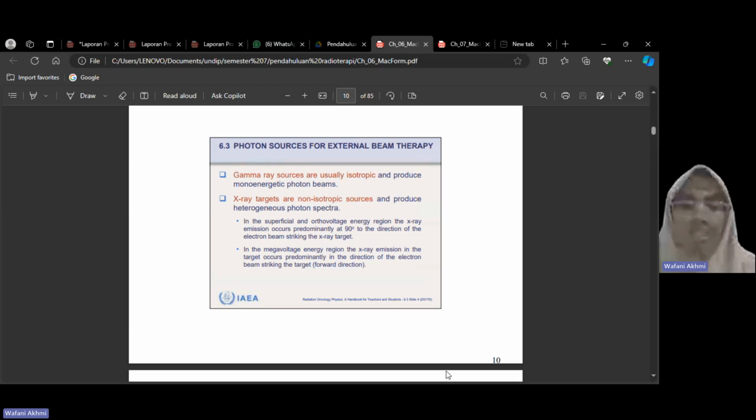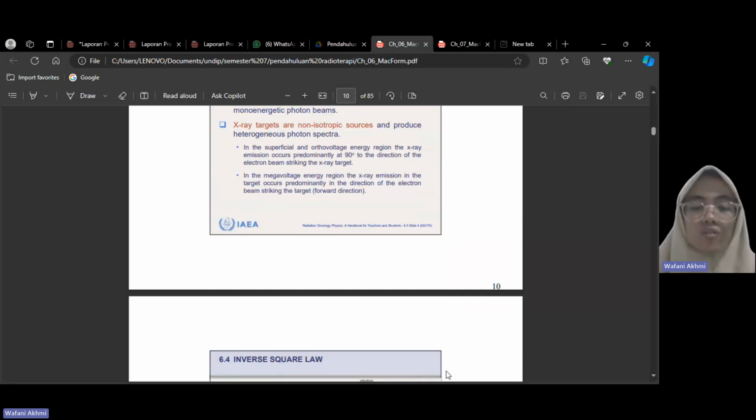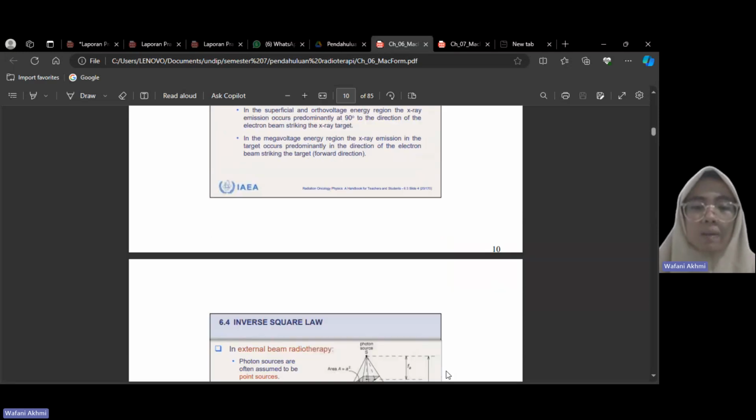In the megavoltage energy region, the X-ray emission in the target occurs predominantly in the direction of the electron beam striking the target, the forward direction.